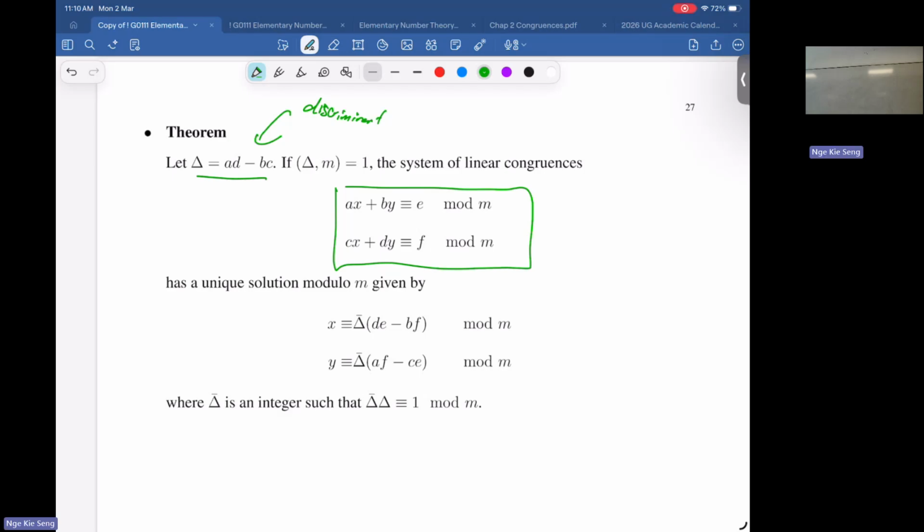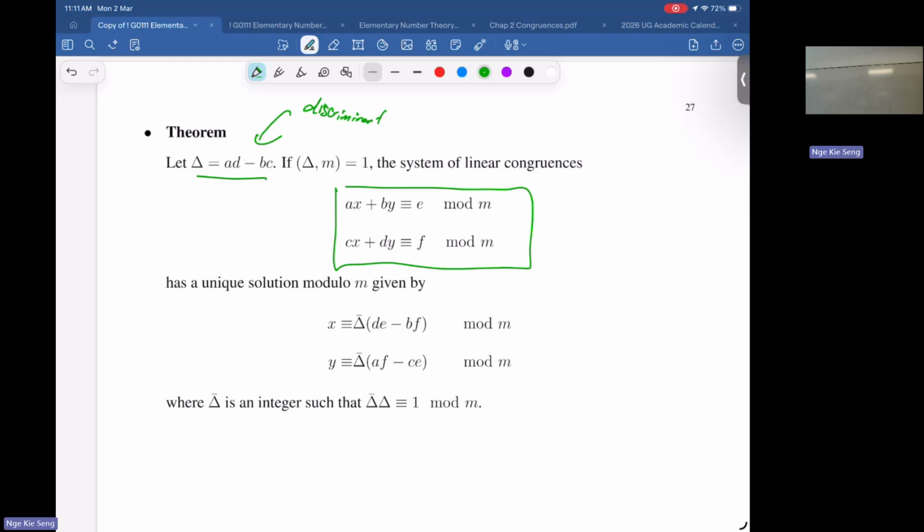So there's a discriminant bar here. What is it doing? What's this discriminant bar? This discriminant bar here is the inverse of the discriminant. Okay, because the GCD of this discriminant and M is 1, right? So there's an inverse.